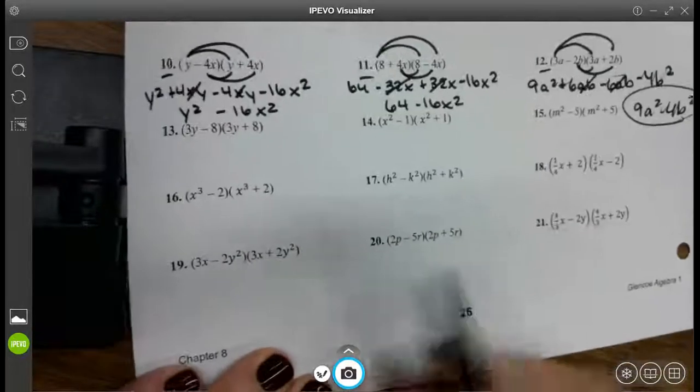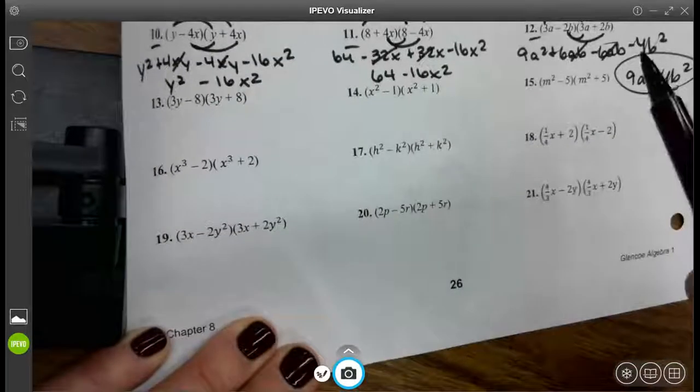Okay, that's what you should have gotten. Two terms being subtracted every time because the middle terms cancel out.